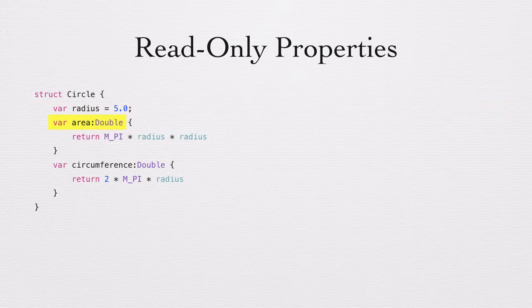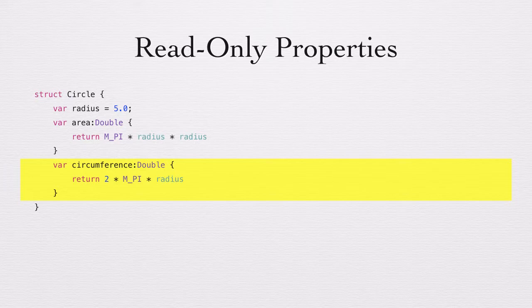Next, we define a property called area of type double. We follow the declaration with an opening and closing curly braces. Within the braces, we write a program statement that computes the area of circle and returns its value. Who uses this value? I will explain this shortly.